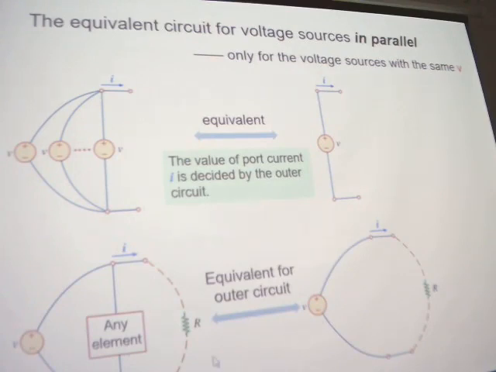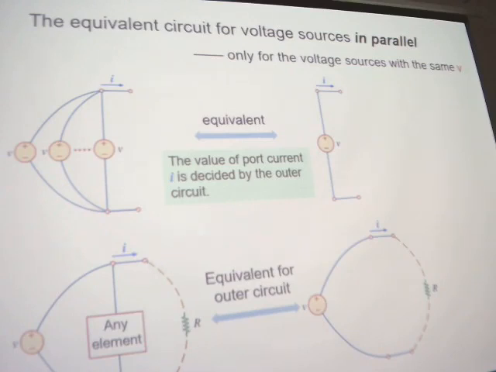So this one is a special case. Here we have a voltage source, and we connect any element here in parallel, and we say this one is the equivalent circuit for the outer circuit. The reason is if we connect a resistance on the outer circuit, we notice VAB is still V, right?